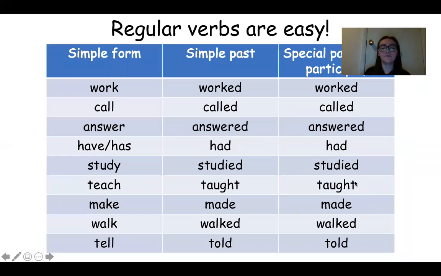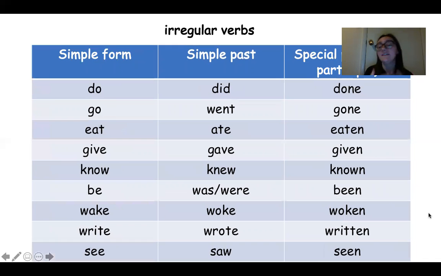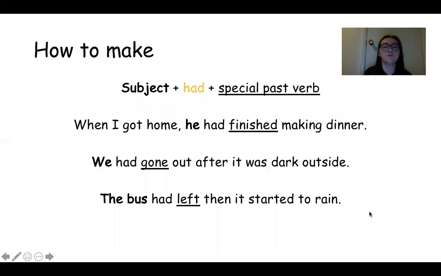And the regular verbs, remember, they're just the same as the simple past verbs, right? Tell, the simple past is told. And if you're using the present perfect tense, she has told me many times to lock my front door, right? So you use the same simple past for the special past participle, which is different from irregular verbs, where it's a totally new word that you use.